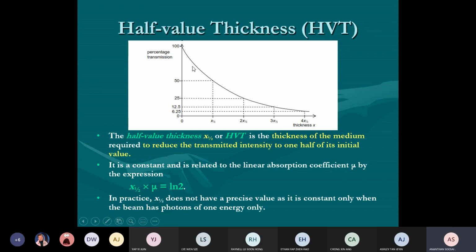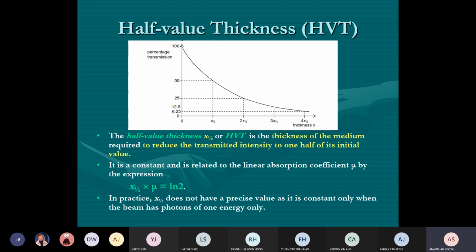Because the absorption happens exponentially, this graph tells you the original intensity, let's say 100, and a certain thickness called the half thickness. Like half-life, we have half value thickness. What is half-life?